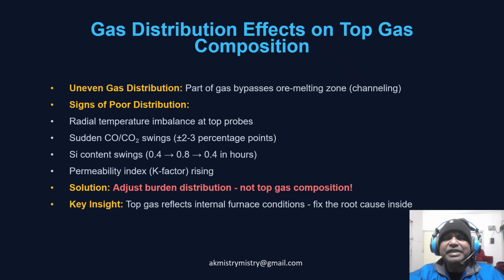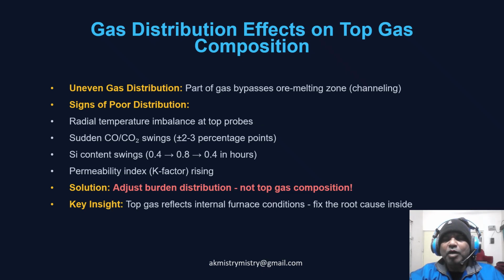In such cases, the solution is to correct burden distribution rather than trying to manipulate top gas composition directly. Always remember that top gas is a mirror of internal furnace condition, so the root cause must be fixed inside the furnace.